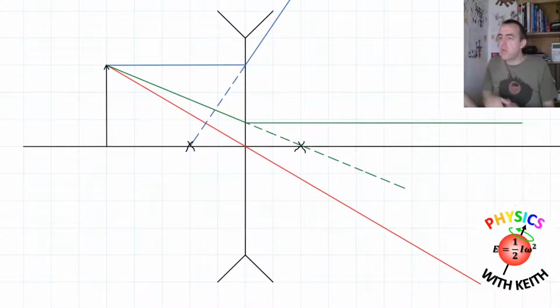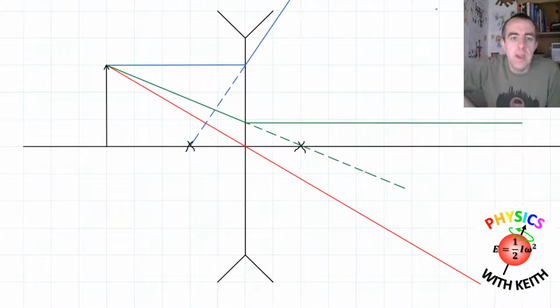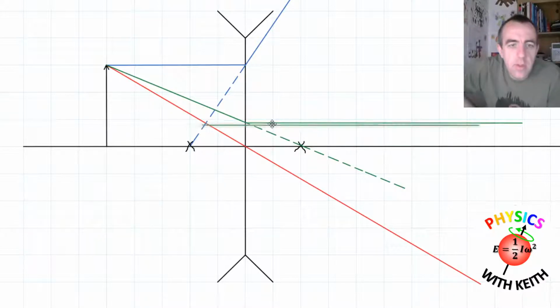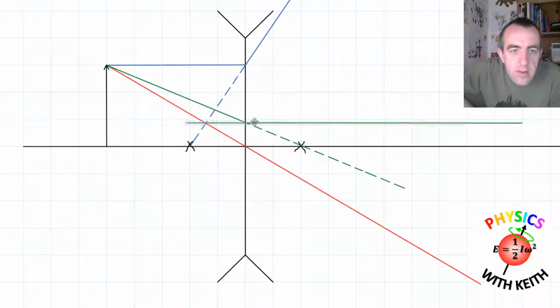So those are your 3 principal rays now for concave lenses. And where does the image form? The image forms where these rays all converge. Obviously this part of the ray isn't really here, it's just another construction line.